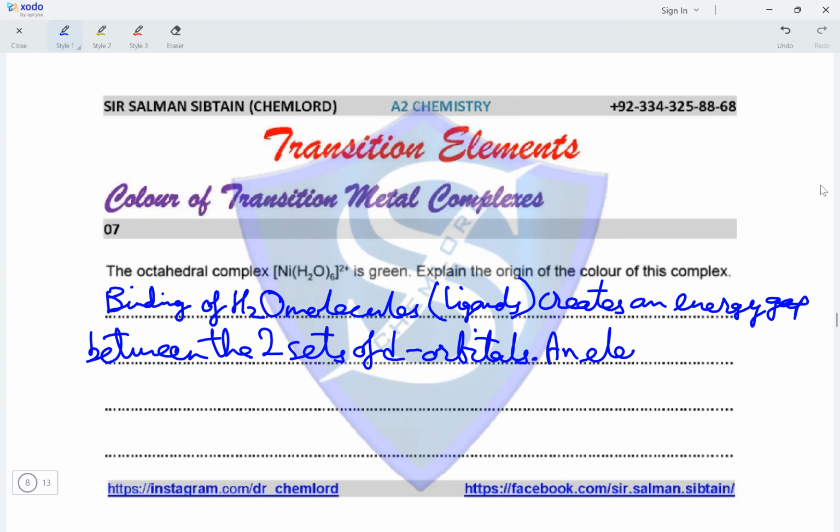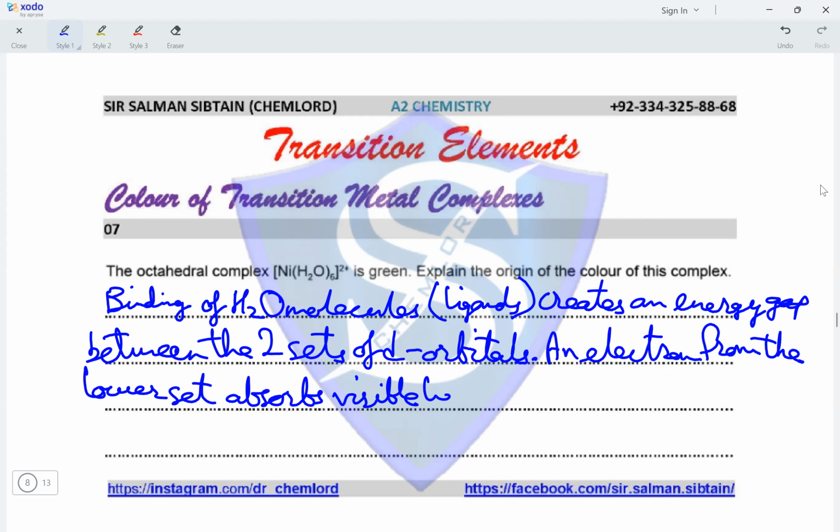An electron from the lower set absorbs visible light in the red and blue region and is promoted.